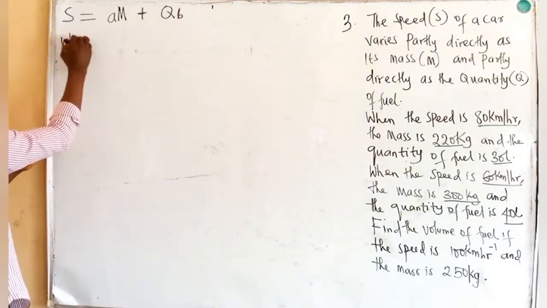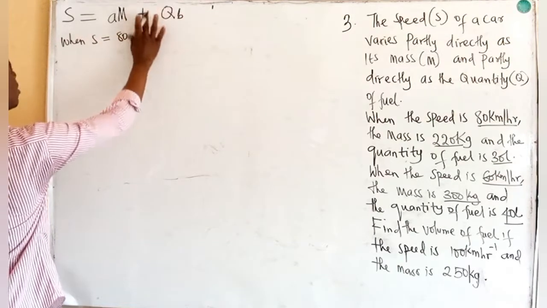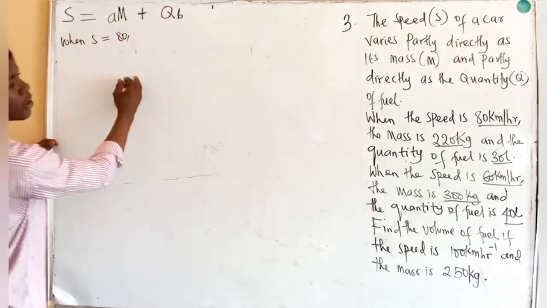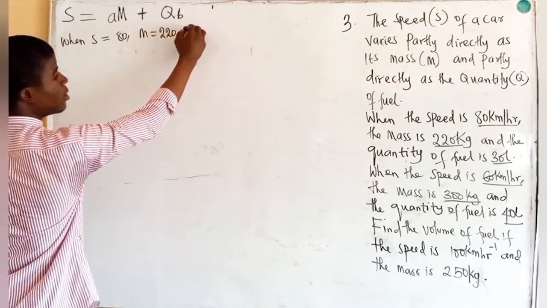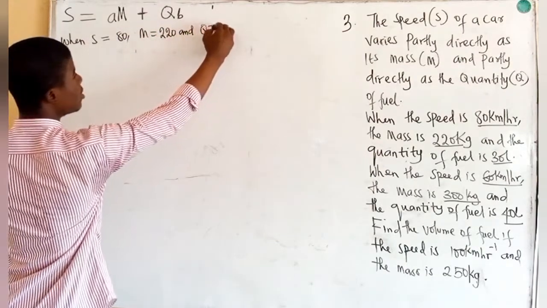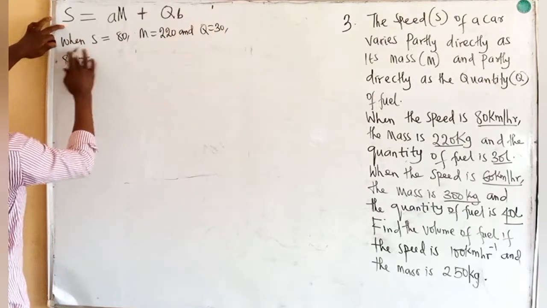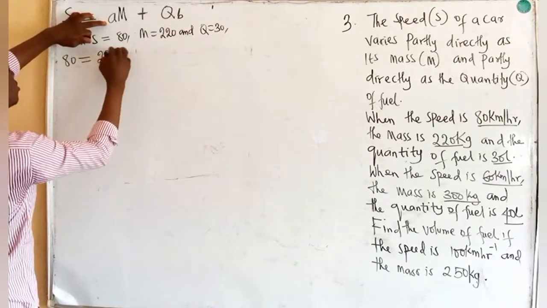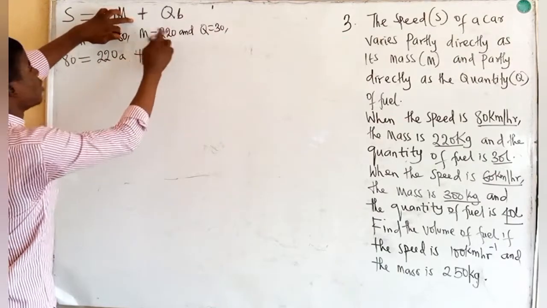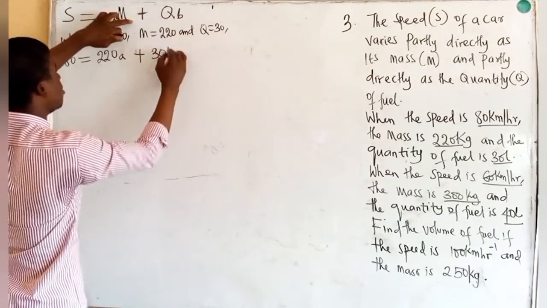So S is 80 is equal to A times the mass, 220, that's 220A, plus Q, the quantity, 30 liters, that's 30 times the constant B.